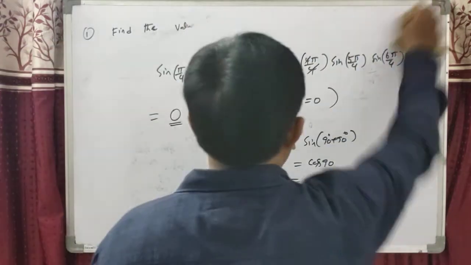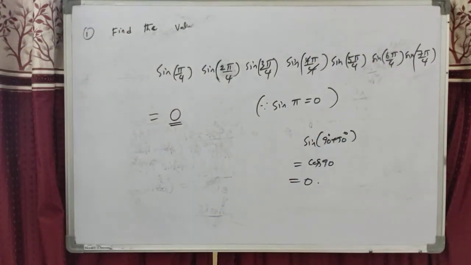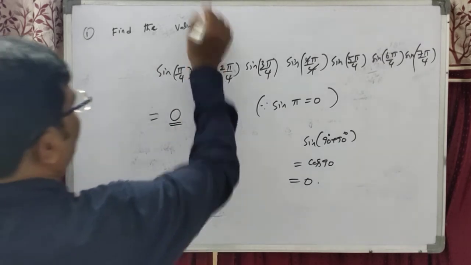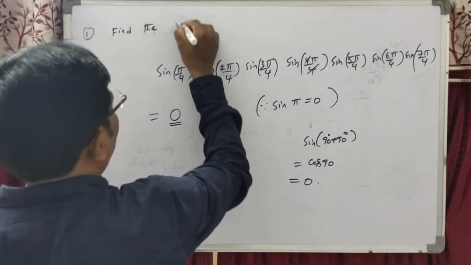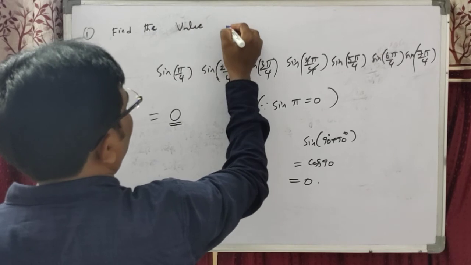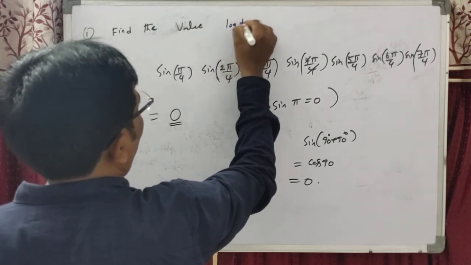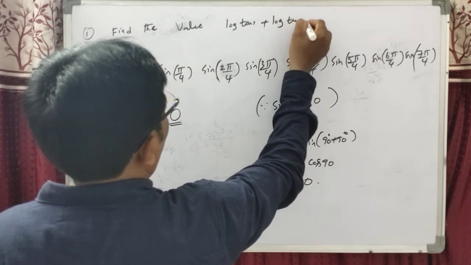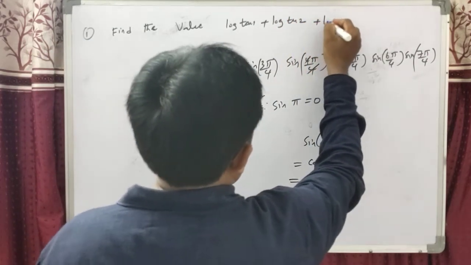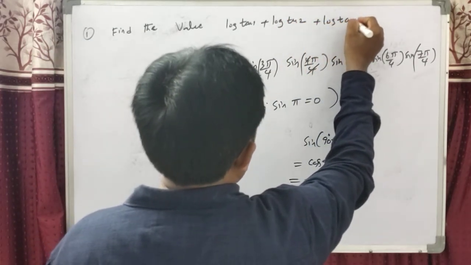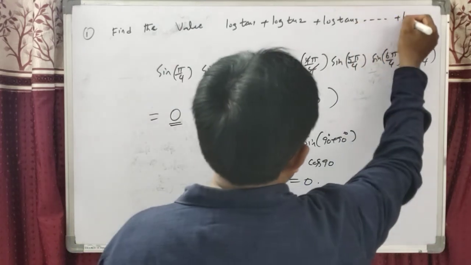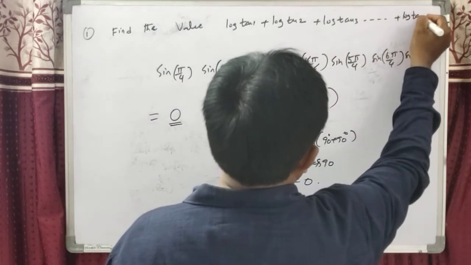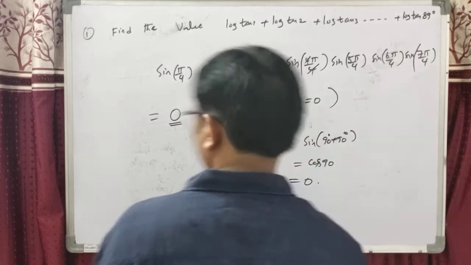You can write, dear students: find the value of log of tan 1 plus log of tan 2 degrees, log of tan 3 and so on, log of tan 89 degrees.